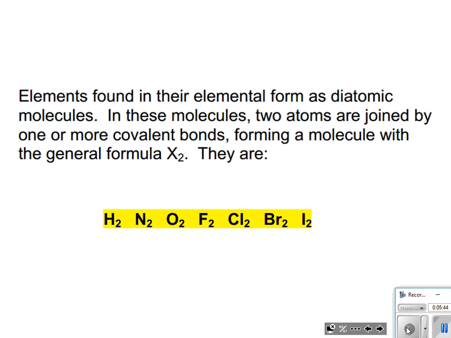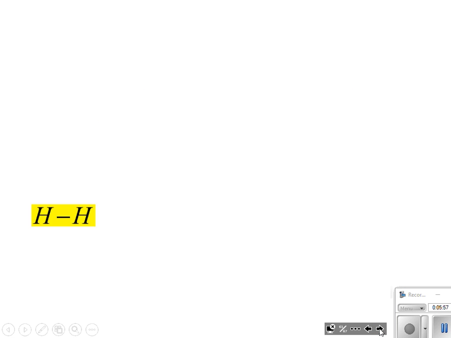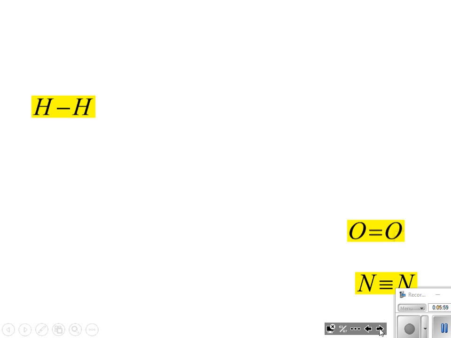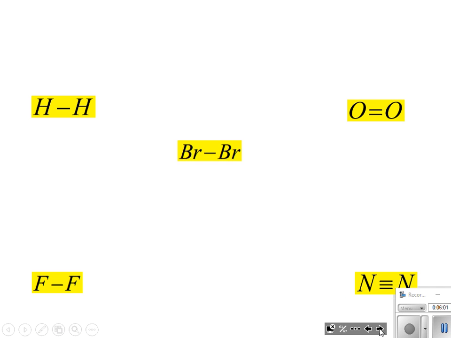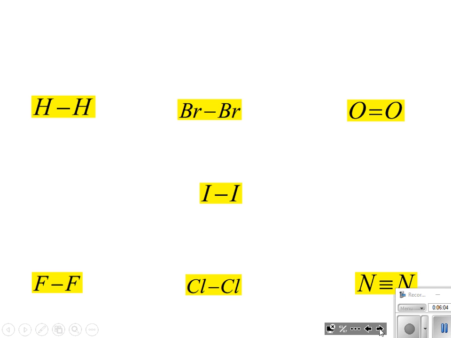Another fabulous thing about the Super 7. Number one, there are 7 of them, but if you locate these guys on the periodic table, and notice some of them are single bonds, some of them are double bonds, one of them is a double bond, one of them is a triple bond. Okay, so oxygen's double bonded, nitrogen's triple bonded.